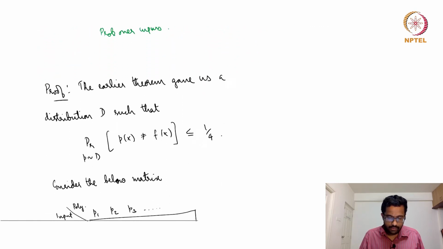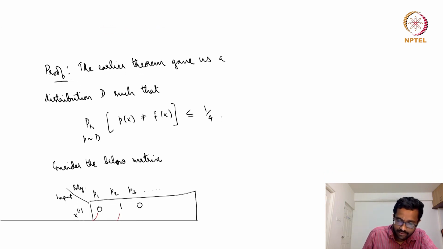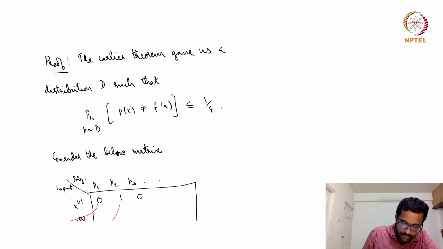This just follows from the earlier theorem, and it is very simple and easy to see, so it's rather short. The earlier theorem gave us a distribution. Whenever the polynomial is chosen from the distribution, the probability that the polynomial is not the same as the function is at most 1/4.